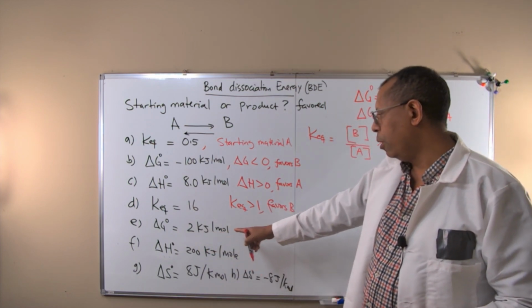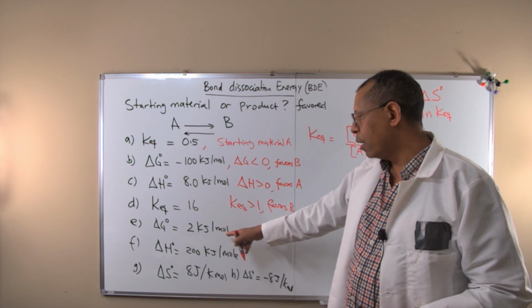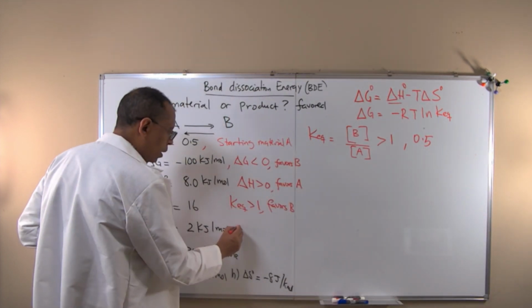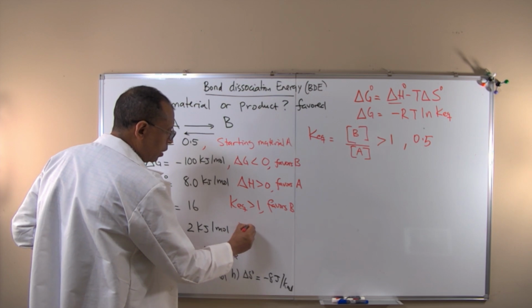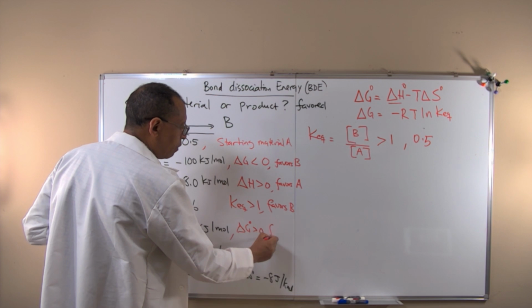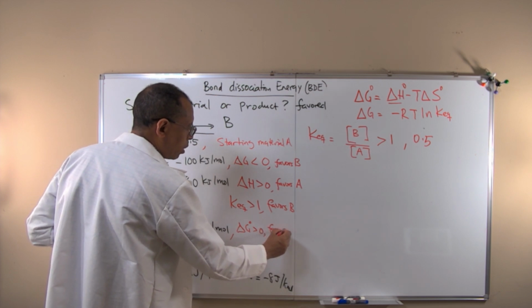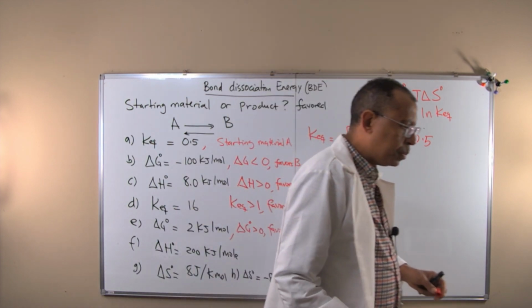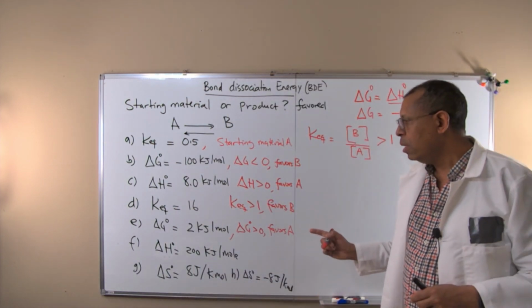That is a very low positive number, so delta G is greater than 0. It's not favoring product. It favors the backward reaction, A. So it's endothermic, hence it should favor backward.